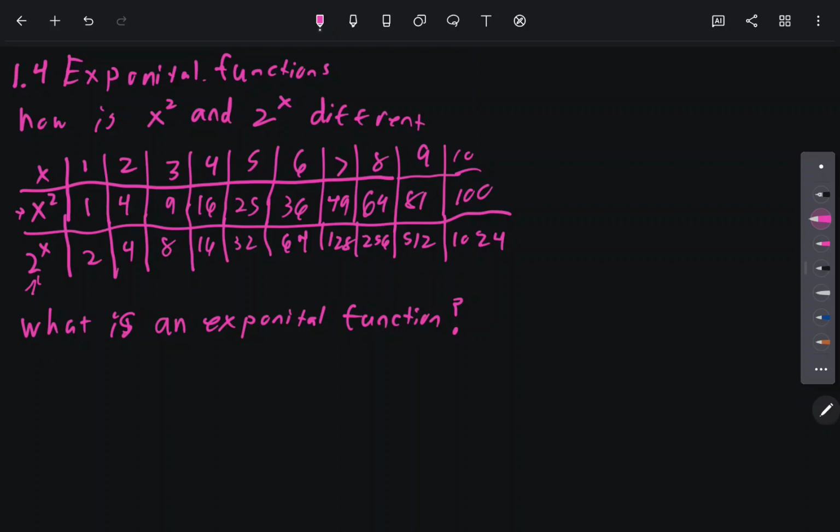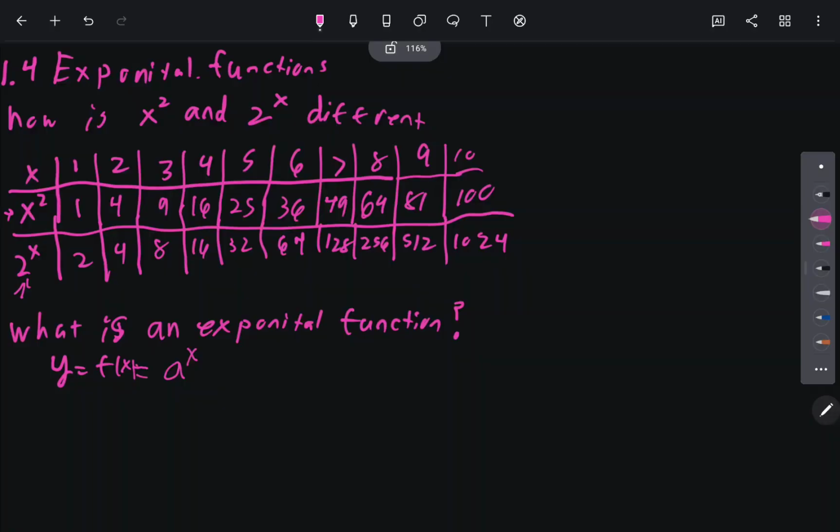Now, let's propose this question. What exactly is an exponential function? Well, an exponential function is any function that takes the form y is equal to f of x, which is equal to a base, which is a constant, to a power of a variable. So this x could be a t, it could be a q, it can be any variable.